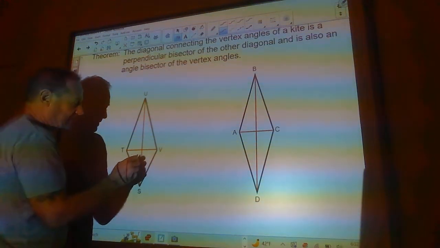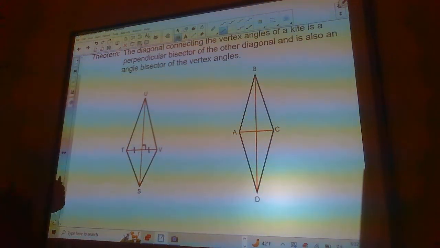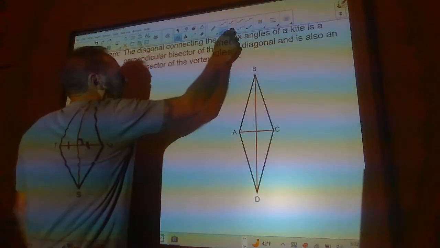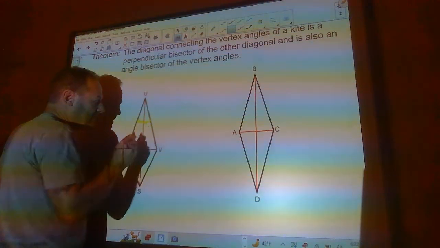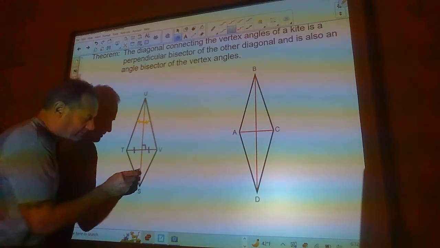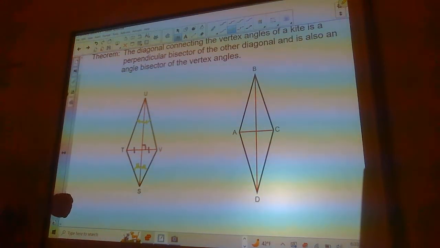It is the perpendicular bisector of the other diagonal, so it's a 90-degree angle here, and those two are equal. And it also says that it's the angle bisector of the vertex angle. So those two angles are equal, and these two angles are also equal. And that's true all the time.